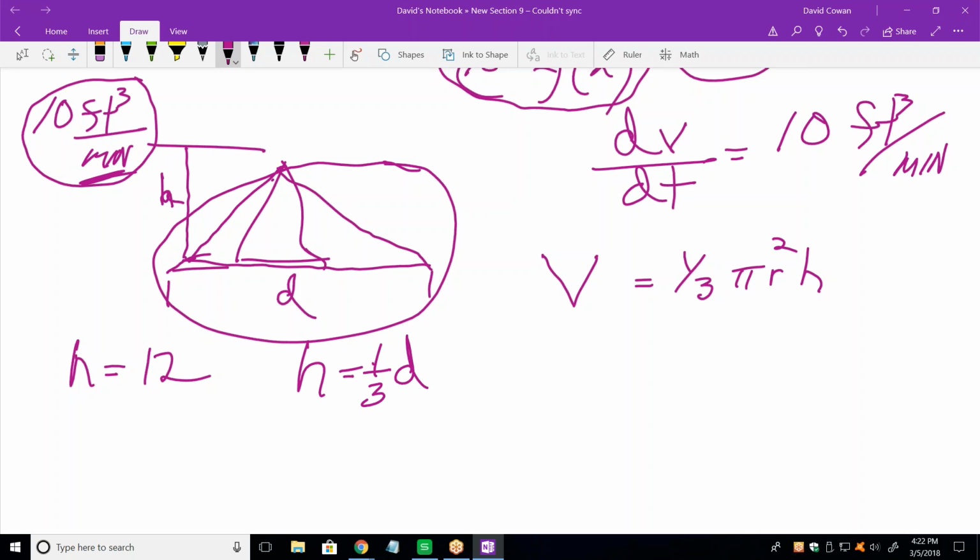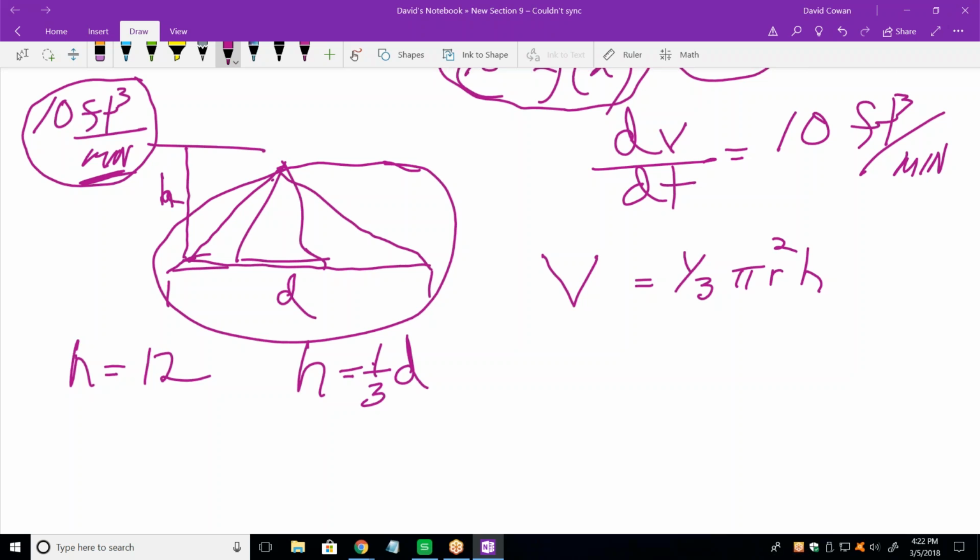And here's why that's important. I'm going to differentiate this function to come up with dV/dt. But I want everything, if I can, to be a single variable on the other side. I don't want multiple variables over there. Right now I have an r and an h.